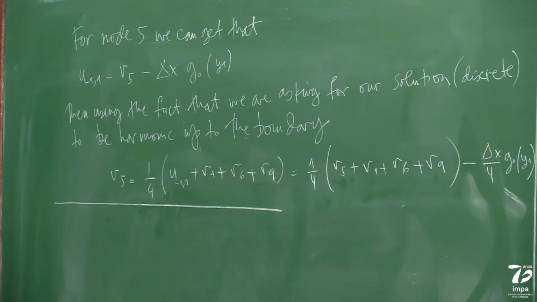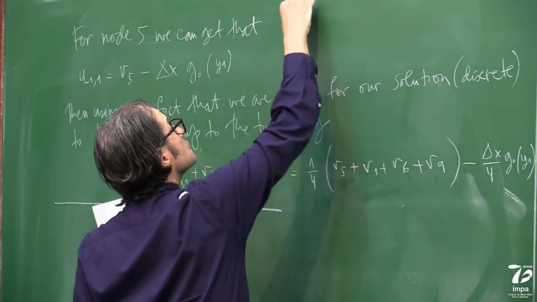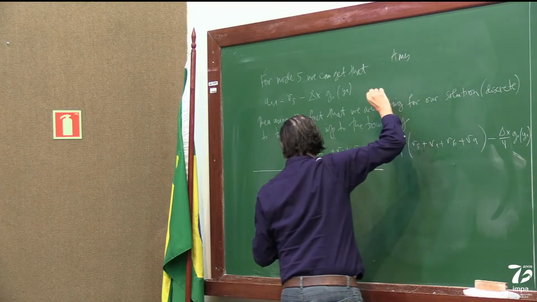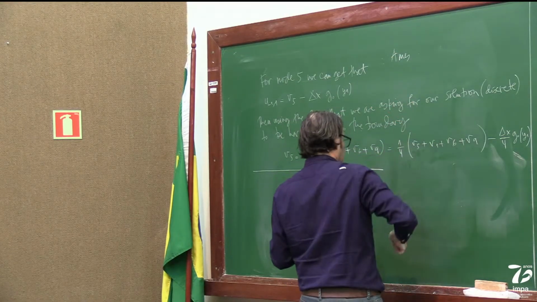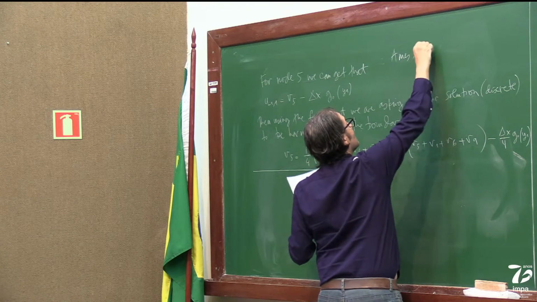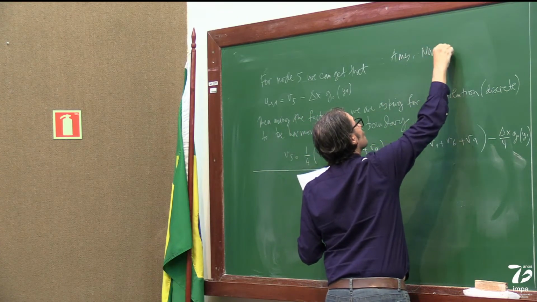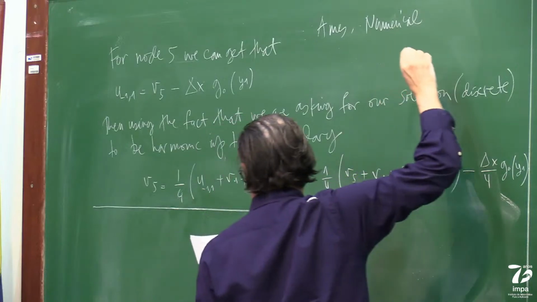So, okay, now I have the book again. This strategy I used was from a book, which is actually a good book, and I like it for certain things. By Ames, I think I have it on the list, but let me write it here because I'm not so sure.